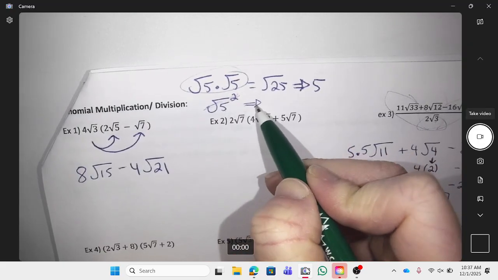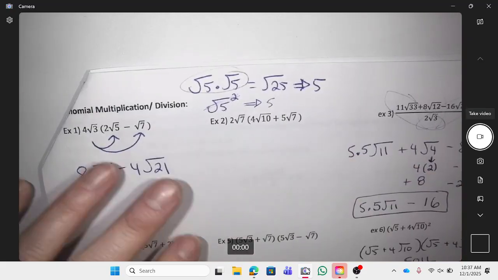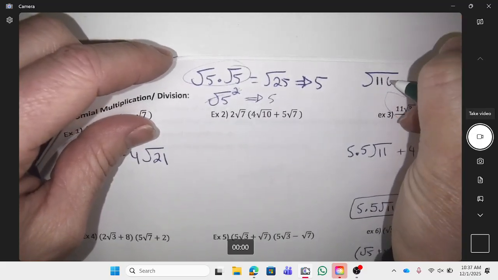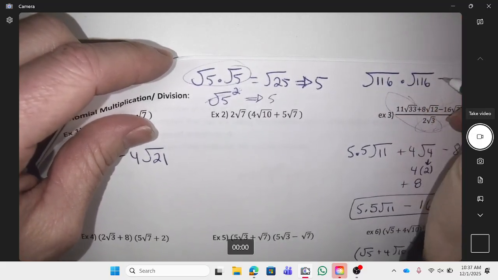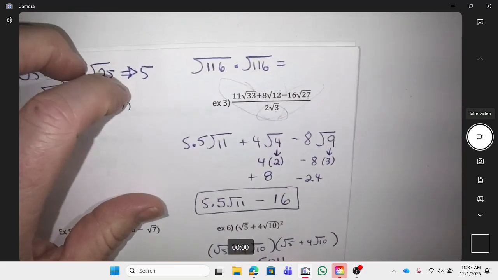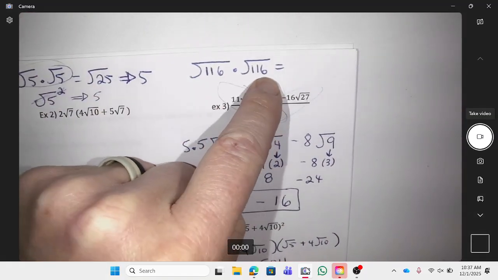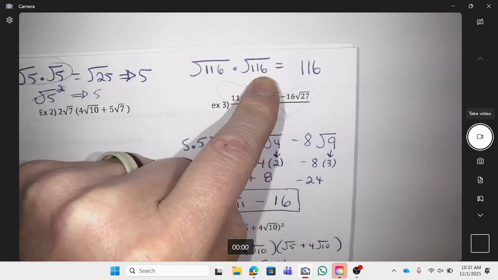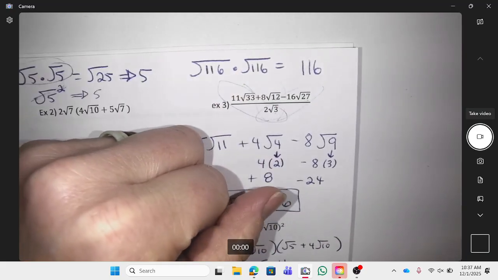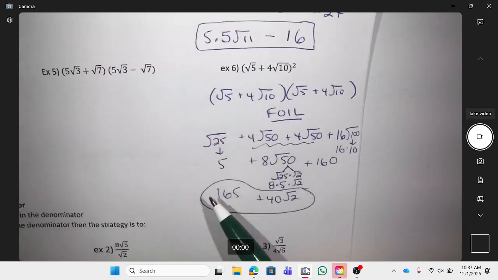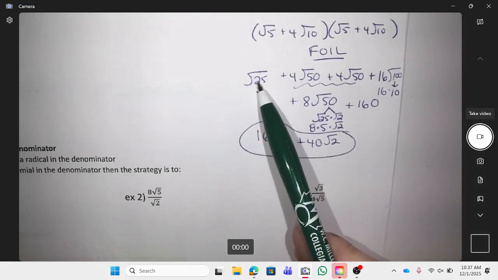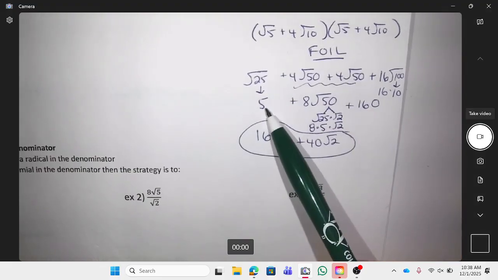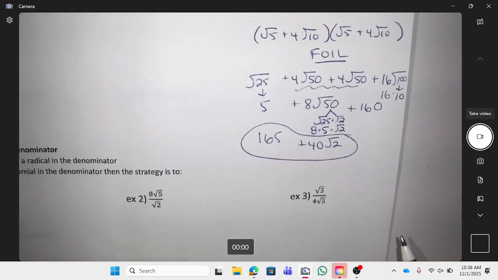It just turns into a 5. So I could give you something crazy. If I did the root of 116 times the root of 116, it's 116. So I don't care if you are a person who does that and then that, a two-step process, that's okay. If you're also a person that just does that in one step, that's okay too. They're both good ideas, right?